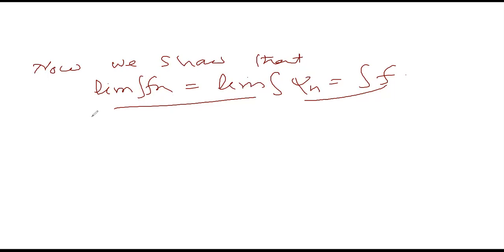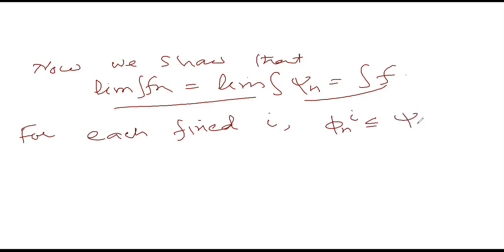So for this, we have for each fixed i, phi n i is less or equal to psi i, because psi i is the join.